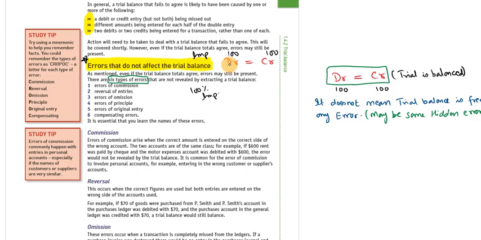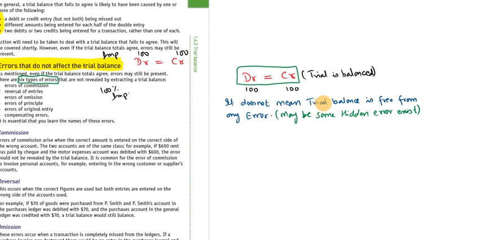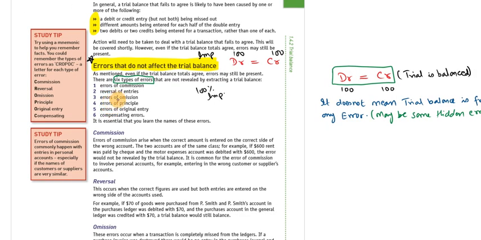If we see that debit is equal to credit, generally we can say that no error exists in the trial balance, but it doesn't mean the trial balance is free from any error. There may be some hidden errors. These are 6 hidden errors which might exist in the trial balance.